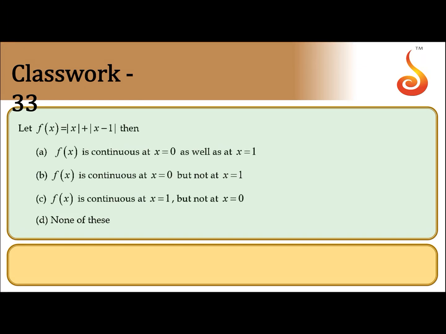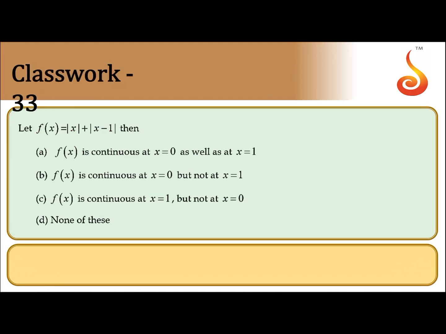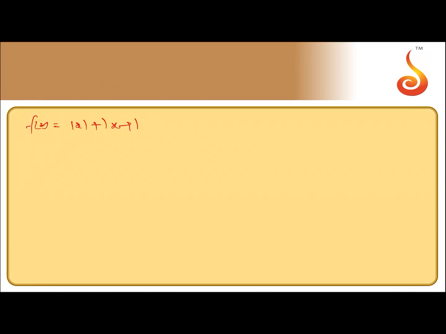Coming to 33. Modulus x plus modulus of x minus 1. If I consider f of x is equal to modulus x plus modulus of x minus 1, of course we need to check the continuity of the function at the points 0 and 1.